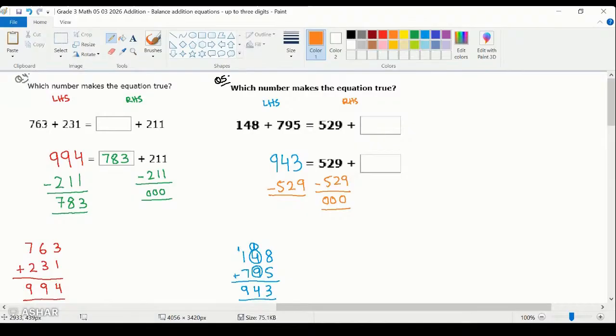Let's do the subtraction over here. These were the ones, these are the tens, and these are the hundreds. 943 minus 529. Let's simplify.